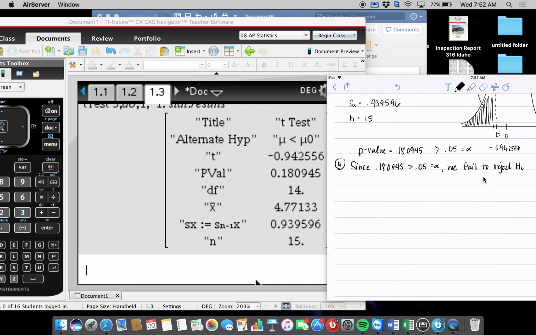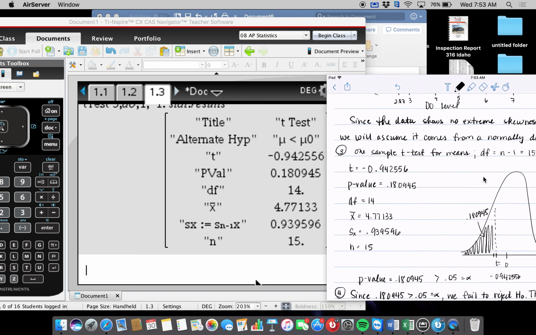the null hypothesis. So there is not convincing evidence, I'm sorry, there is not convincing evidence that aquatic life is at risk in this stream.